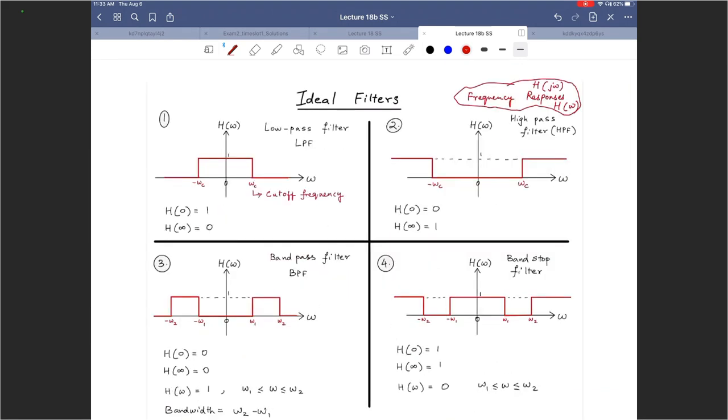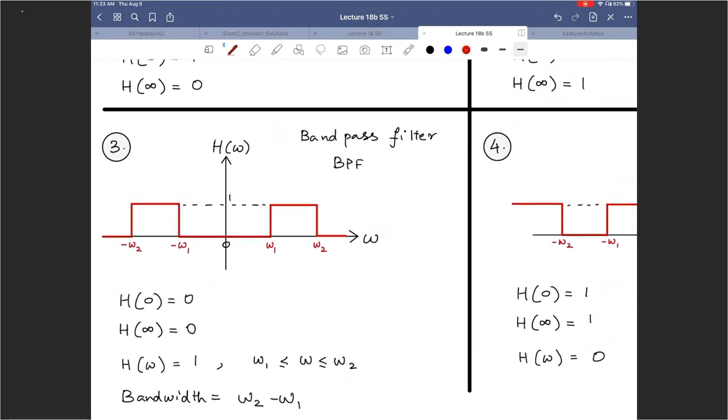Next, ideal band pass filter. You have the frequency axis as x, H of omega, your frequency response, on the y-axis. So between omega 1 and omega 2, things pass, but outside of that band, things will not pass. So it's only going to pass this band of frequencies between omega 1 and omega 2.